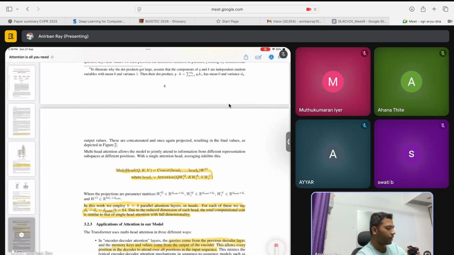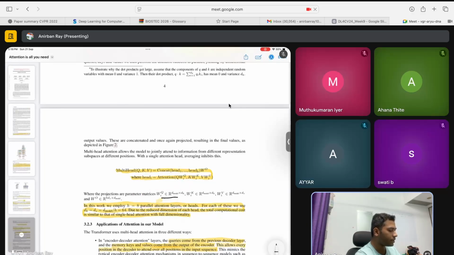You can see here that we have a learnable matrix to actually make it into several heads. They are multiplying each of the K, Q, V with a learnable weight matrix, as you can see here.